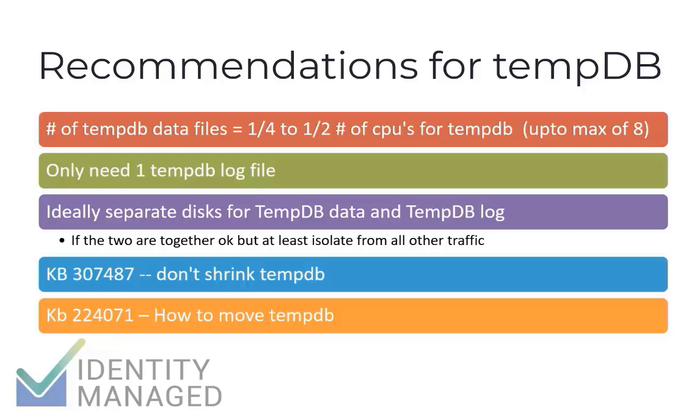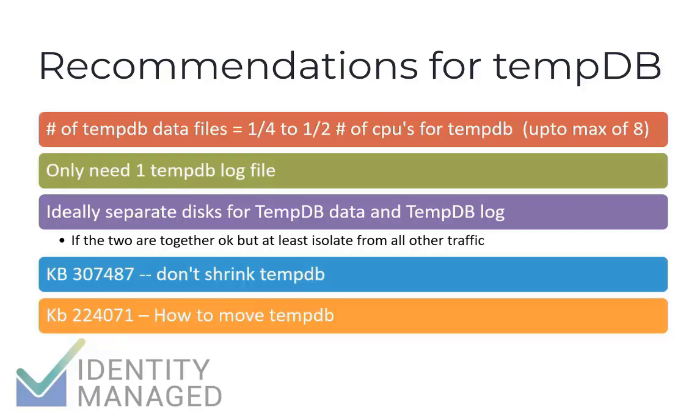You need to set up quite a number of TempDB files. So we look at how many cores you have. If you have a bunch of cores, for every 4 cores you have, you should set up at least one TempDB file, maybe up to 1 out of every 2 CPU cores you have, up to a maximum of 8 TempDB files.